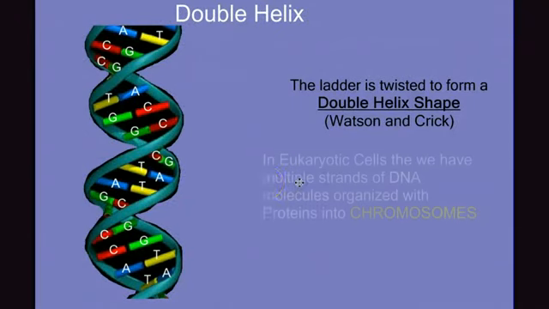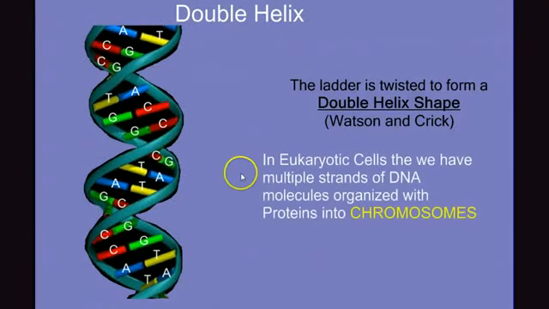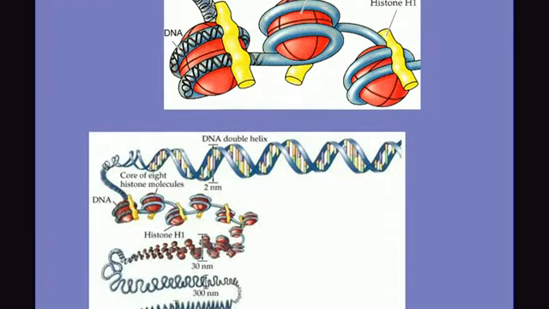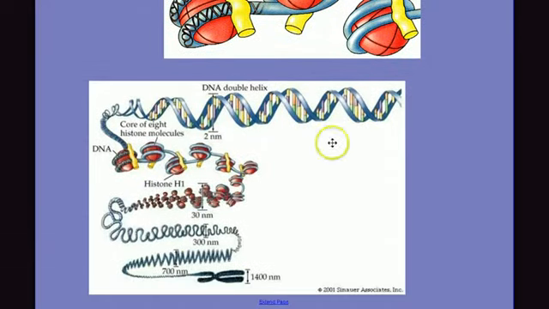In eukaryotic cells, we have multiple strands of DNA molecules organized with proteins into structures called chromosomes. So let's take a closer look at that structure. The DNA, here's our double helix like a thread, is wrapped around spools of protein. These protein spools are called histones. And in this bottom drawing we can get a better understanding of how this is all organized.